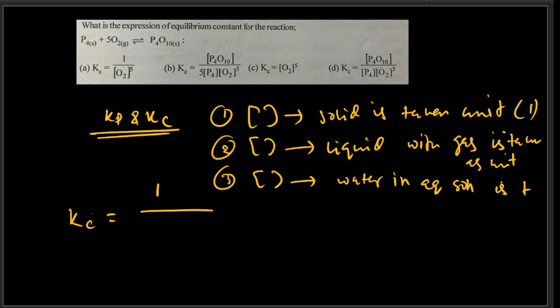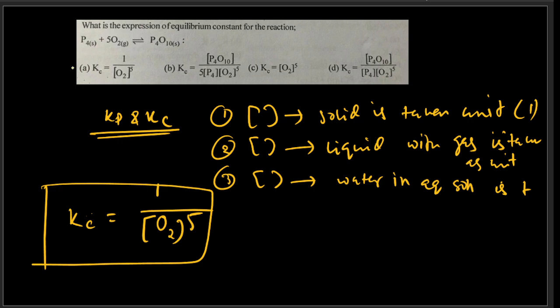And in the reactant also, the concentration of a solid is given, and it is taken as unit with respect to gas or liquid. So this is also 1. So only O2 remains, and the coefficient is 5. So option A is the correct answer.